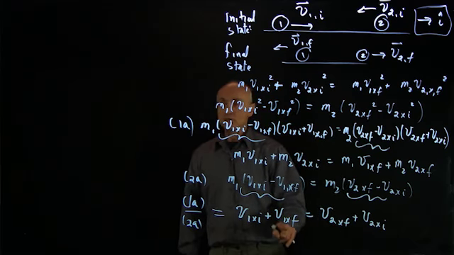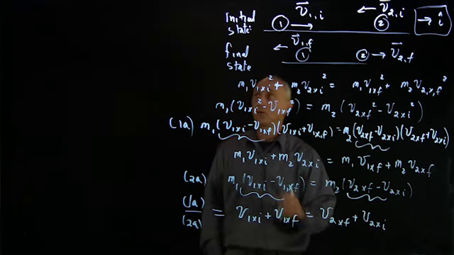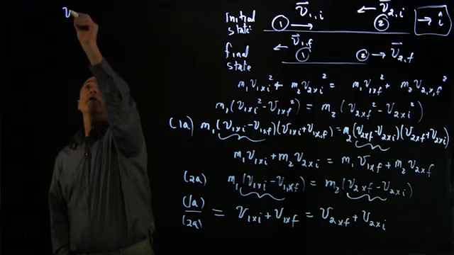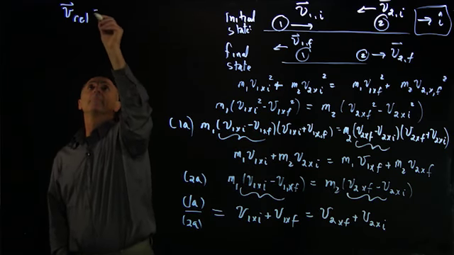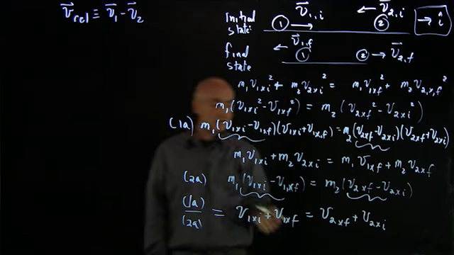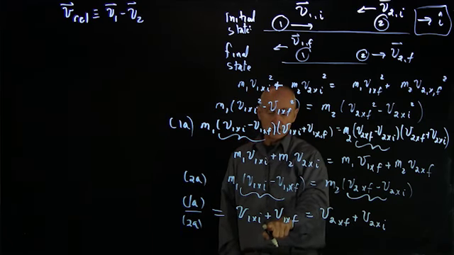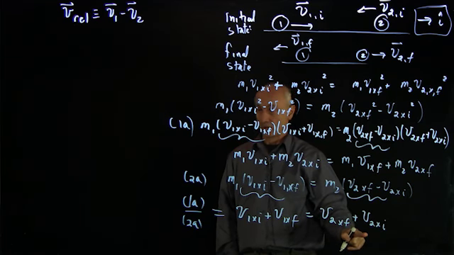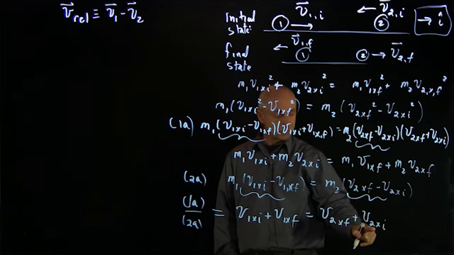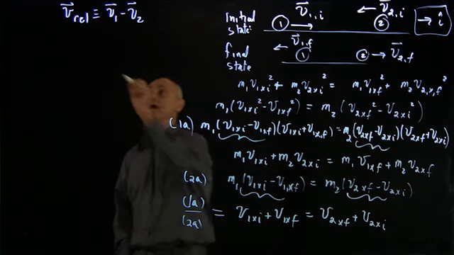Now, what I want to do is write this in terms of those concepts of relative velocity we had. Remember, just to motivate this, v relative, by definition, was v1 minus v2. So let's write this in terms of the initial and the final. In order to do that, we have to bring this initial term over to here and this final term over to there.